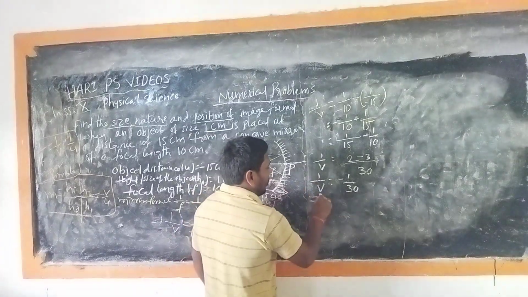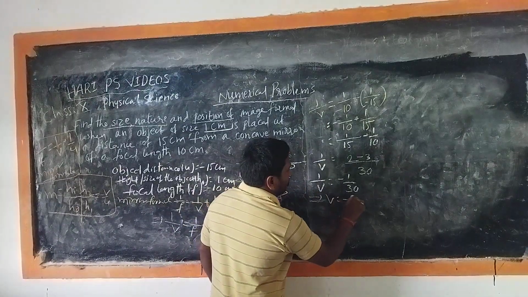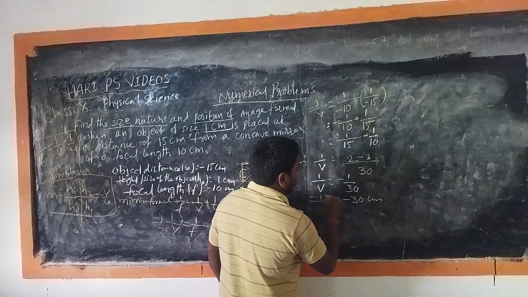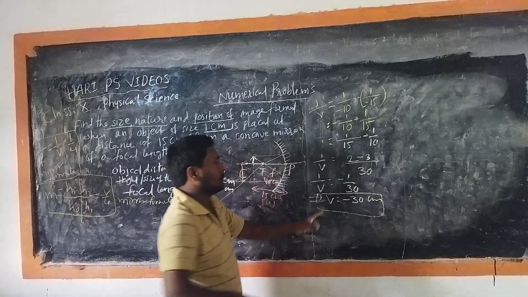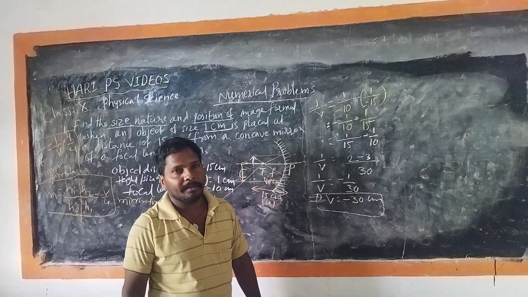So from this, v is equal to minus 30 centimeters.